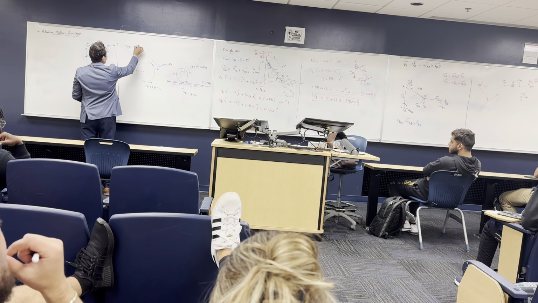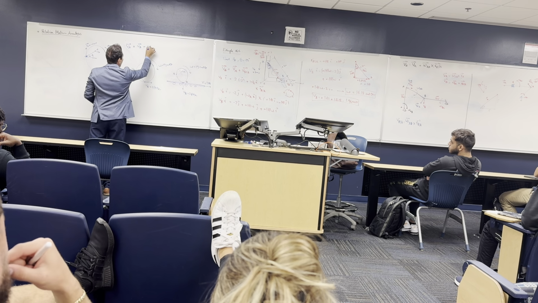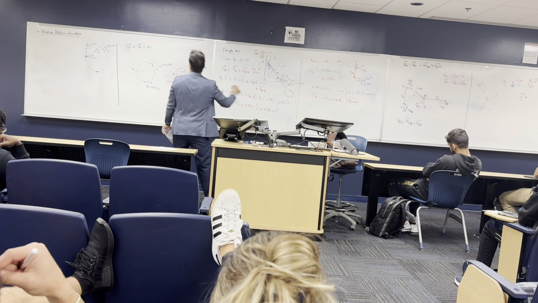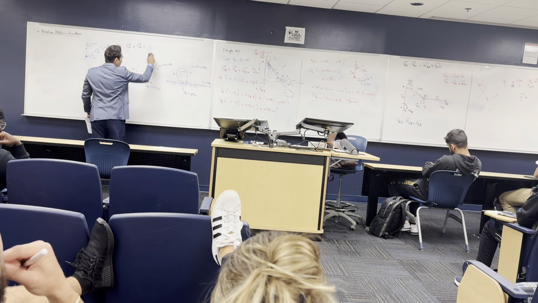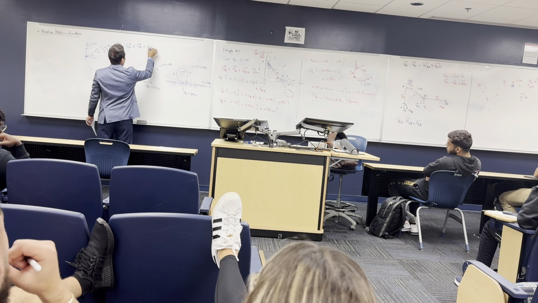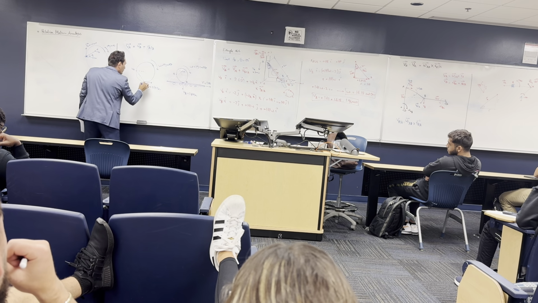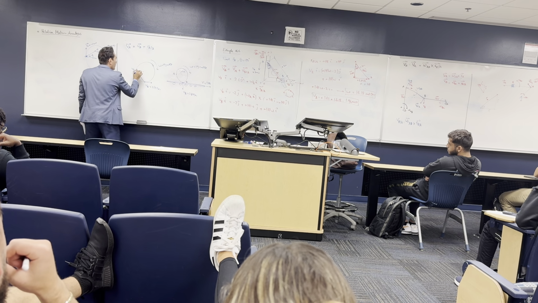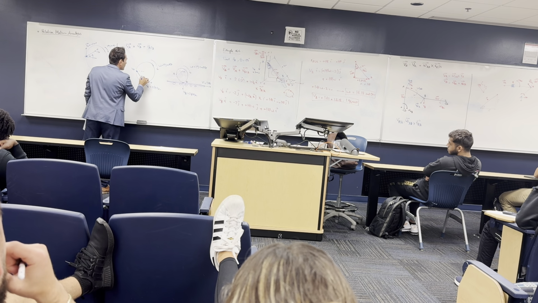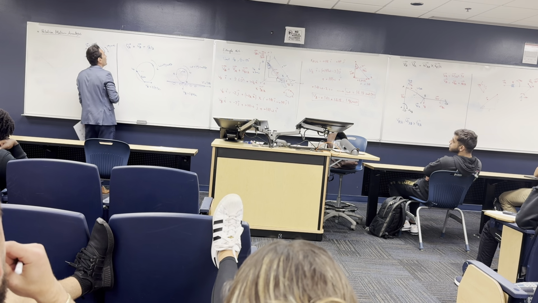VA is going to be equal to VB plus VA with respect to B. That's the change that we have here. R A with respect to B. So right now, because we need to find VA, we need to make an arrow from here all the way up to there. That's what we call RA with respect to B. If the arrow goes to the other side, it's B with respect to A.